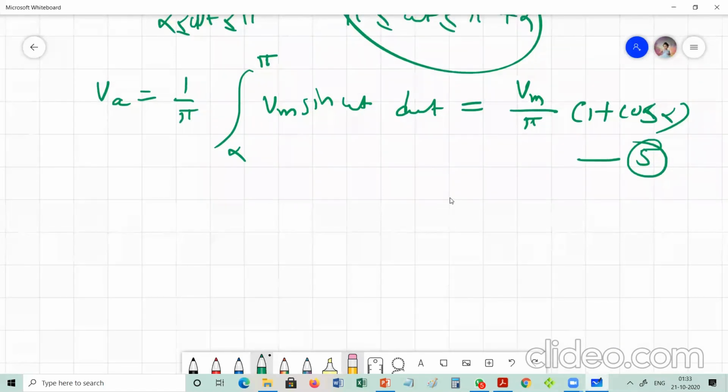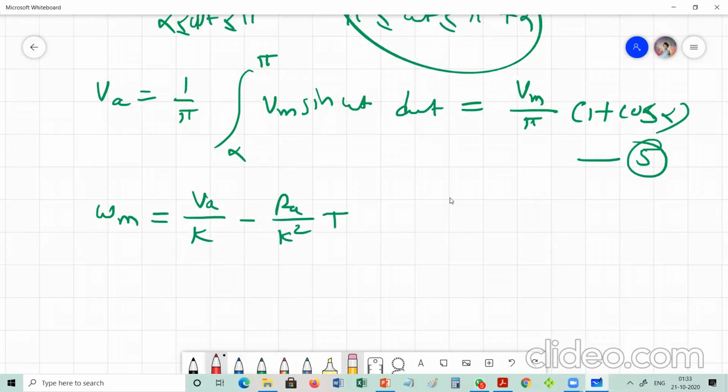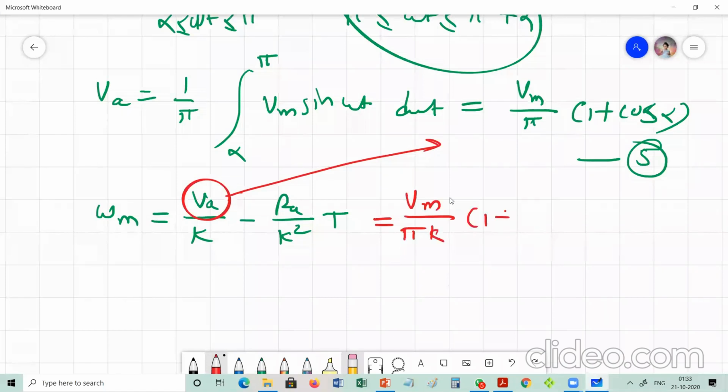Again, using the equation of speed, omega m is equal to Va by k minus Ra by k square into T, and by putting V instead of Va, we will get the speed equal to Vm by pi k into 1 plus cos alpha minus Ra by k square into T. This is equation number 6.